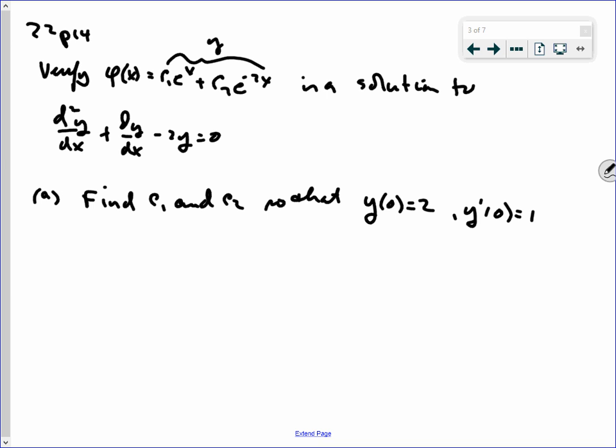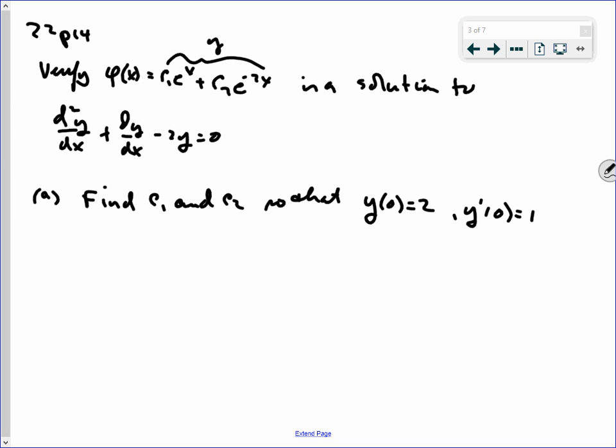This is what's called an initial value problem. We've got our derivative. Of course, it's a second derivative, so if you're integrating it, you'd have to integrate twice to get back to the original function. What we want is to find a solution. We've got a candidate for a solution here, and we want the one that actually passes through the point where, when x is 0, y is 2, and when x is 0, y prime is 1.